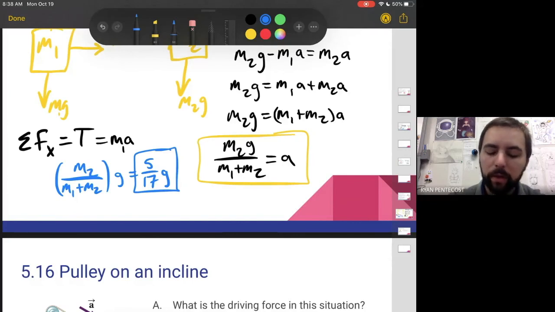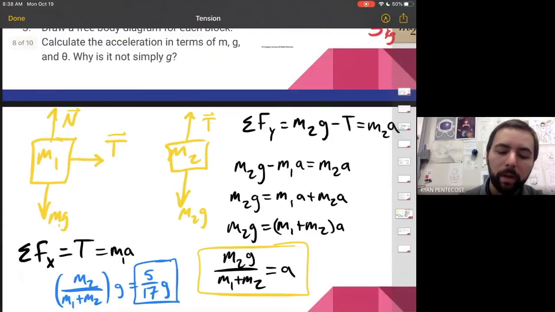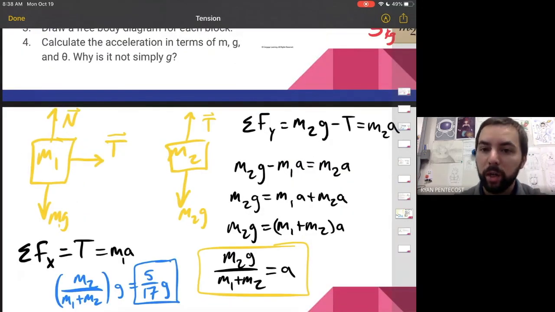That means we're accelerating not at g, but at a fraction of g, and that fraction directly correlates to the masses being pulled, because they have inertia. They're going to resist that pull. That is why the acceleration is not simply g: there are multiple masses being moved all by one force of gravity.